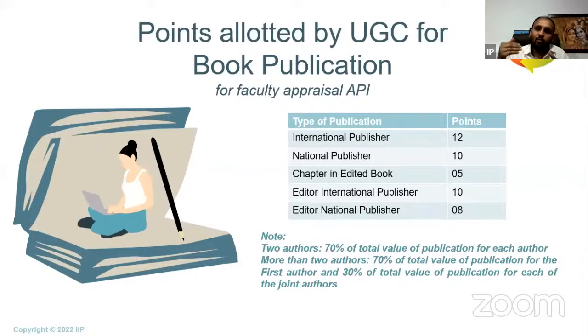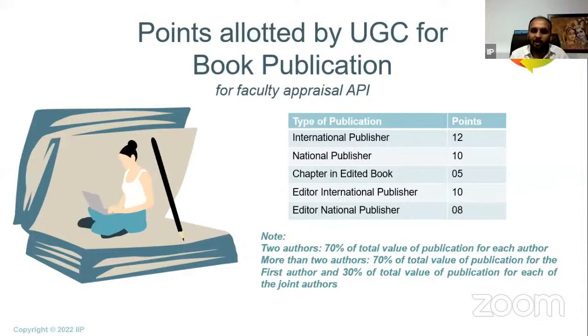If there are more than 2 authors, then the first author gets 70%, that is 7 marks out of 10. For all remaining co-authors, including the second author, 3 marks will be allotted. This is how the calculation is done in the case of multiple authors.